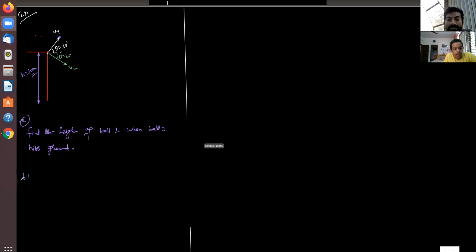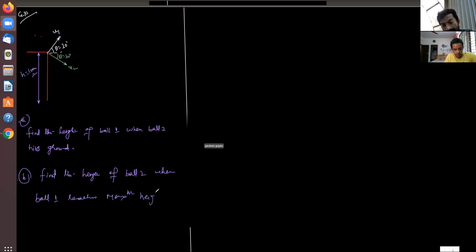Okay, and second question is find the height of ball 2 when ball 1 reaches maximum height. Just an example. Okay, how will you solve these kind of questions?